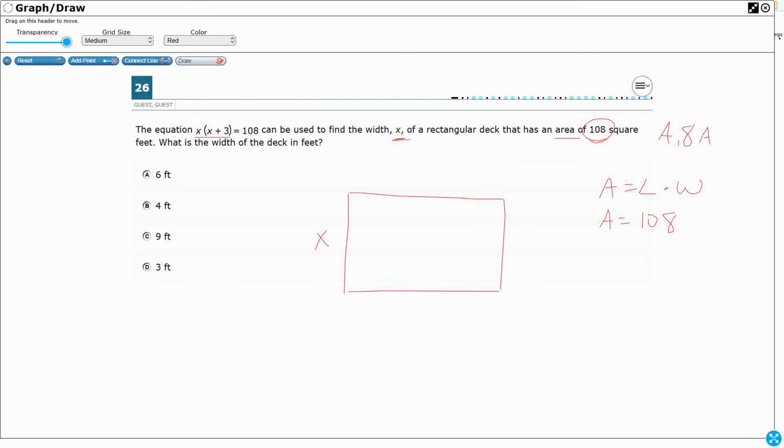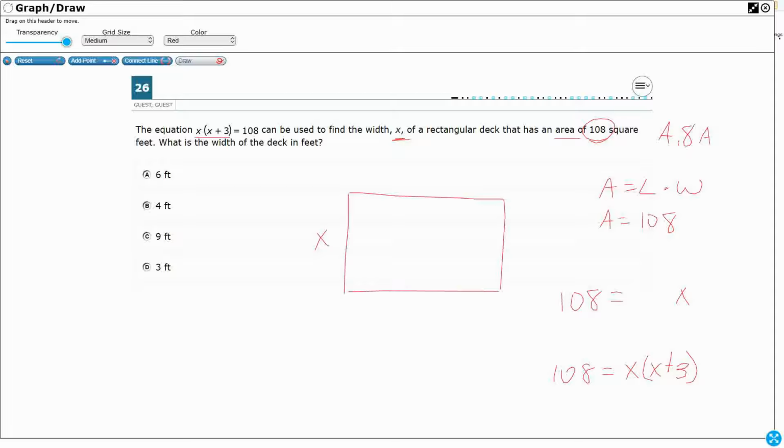Well, let's take a look at what we have. If we have the area, 108, equals an unknown width times x, because they give us the width of x, and then they say we can use this equation, 108 equals x times the quantity x plus 3.